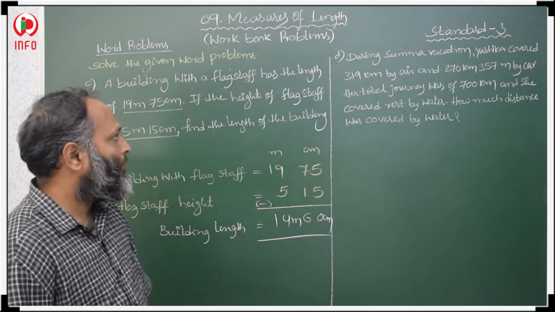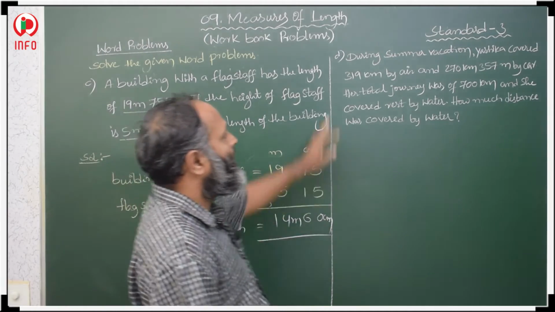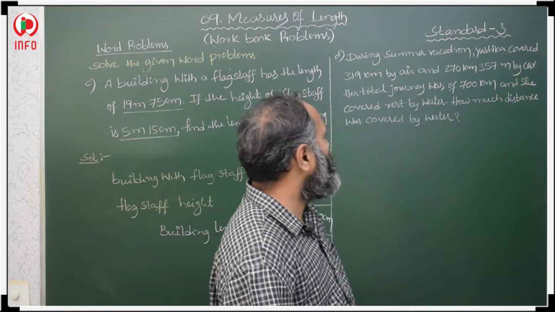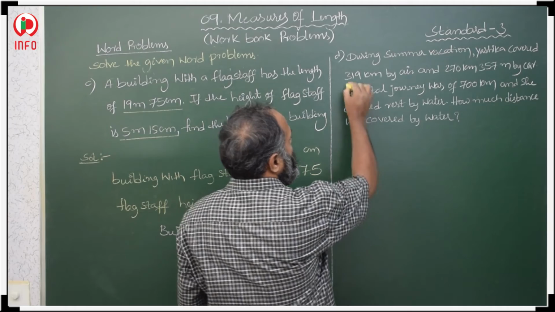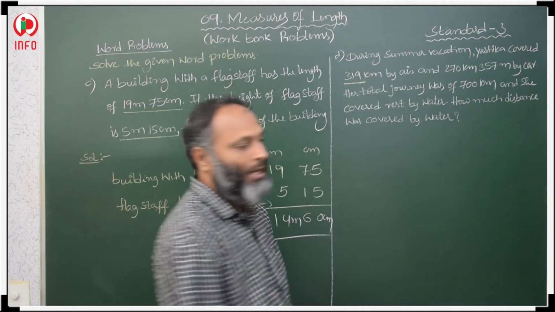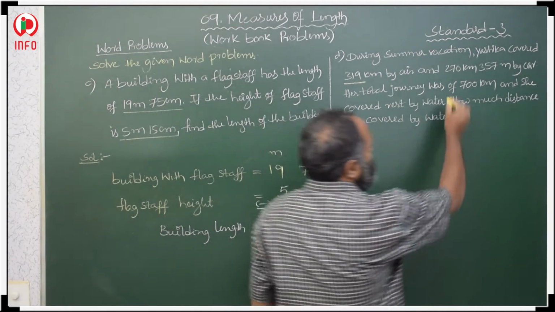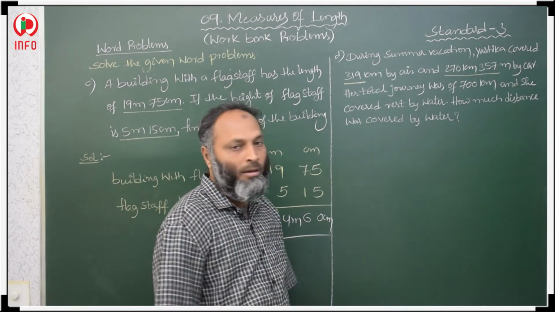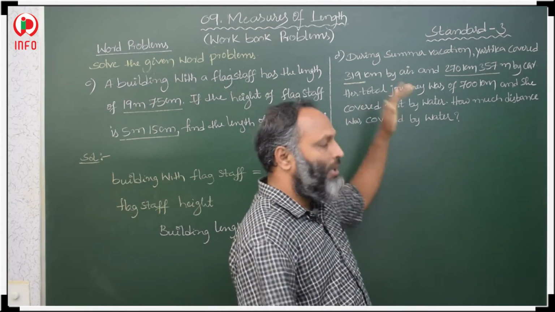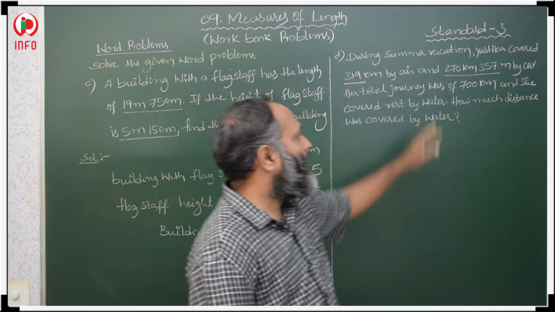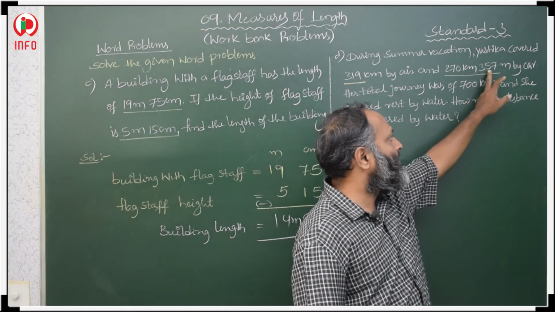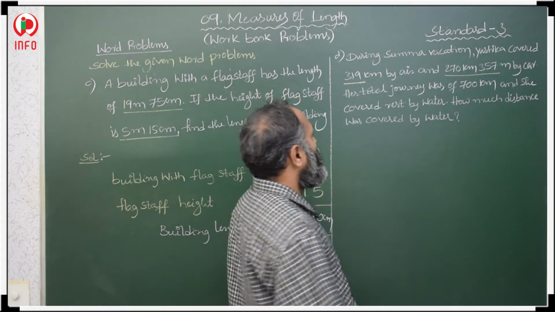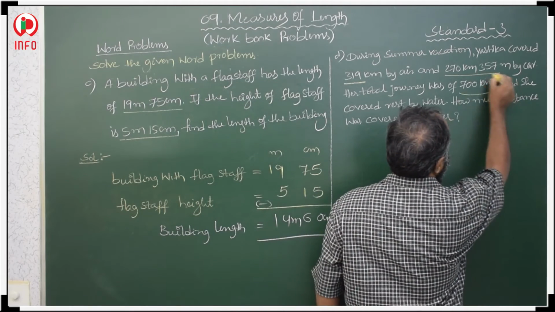Okay. Now, see here, in this question D, during summer vacation, Yashika covered 319 kilometers by air, 270 kilometers 357 meters by car. So this much distance she covered by air and by car, and her total journey was 700 kilometers.